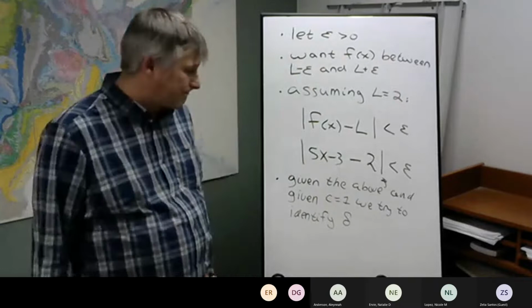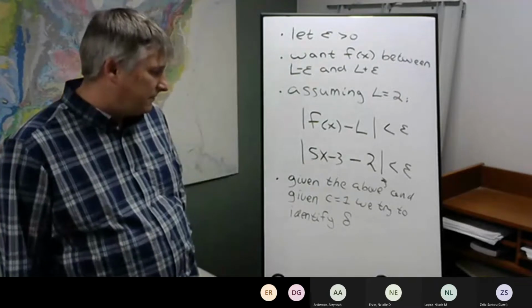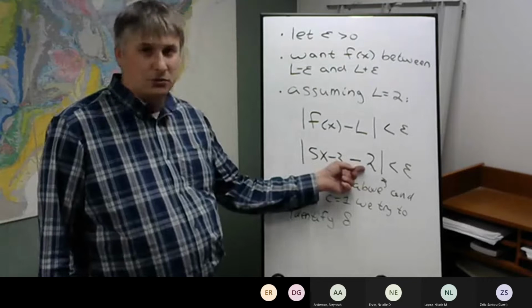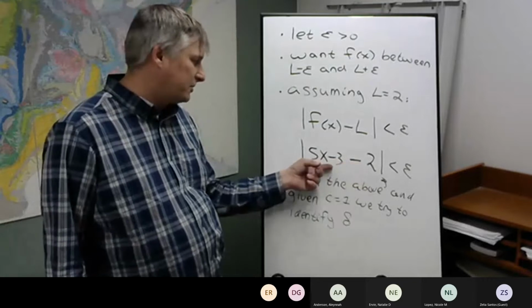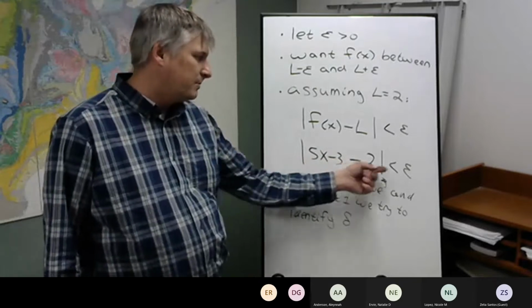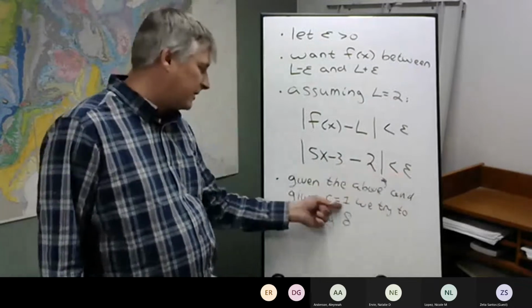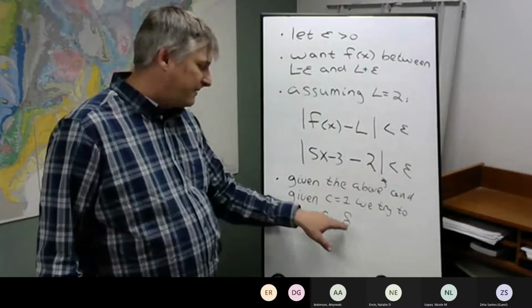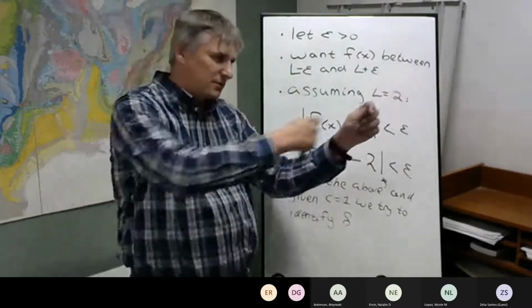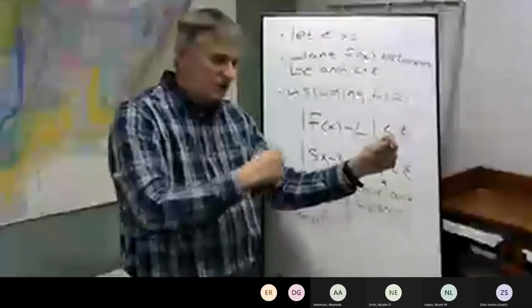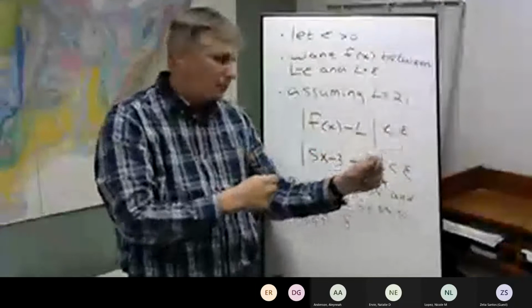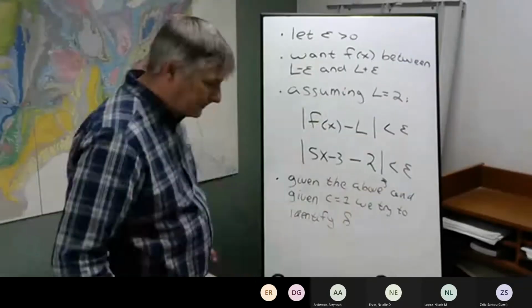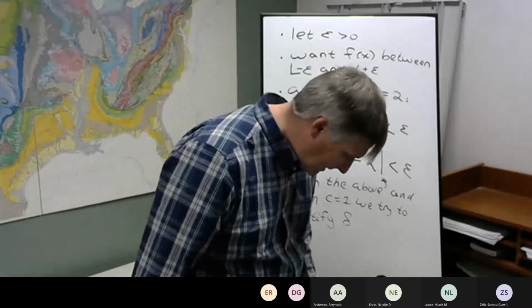So again, if being close to x equals 1, we believe this is true, that the difference between the function and the y value of 2 can be arbitrarily small if we're very close to x equals 1, we should be able to find a value of delta that gives us a domain of x values above 1 and just below 1, where this is still going to hold true. We'll find out.